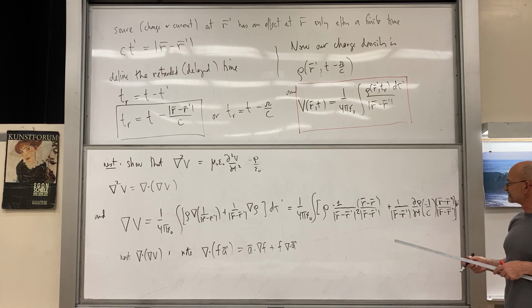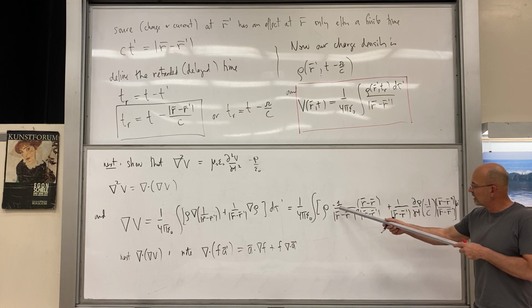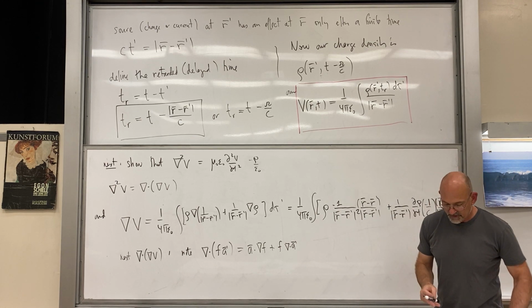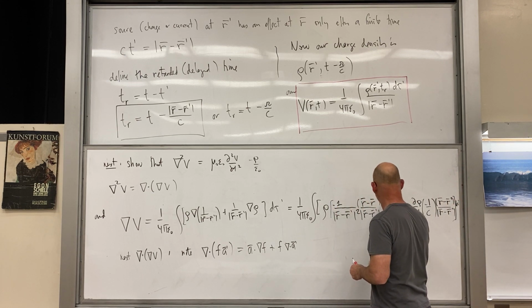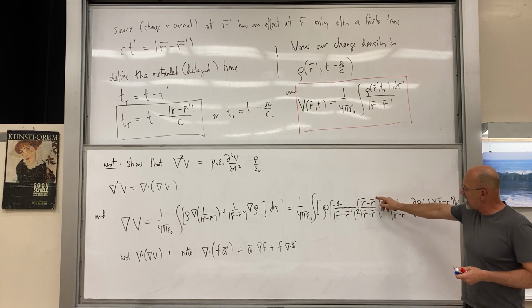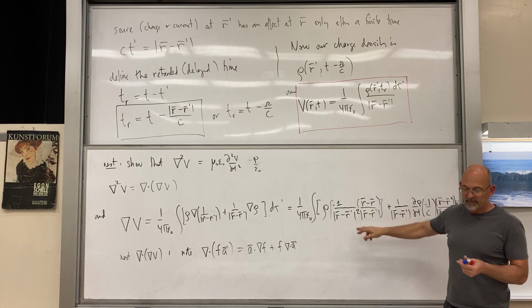Okay. But we should be able to see what happens. So there's a product rule right here. One of these, since we have this here, I'll put the vector rho like that, okay. So this is just minus vector over vector cubed, basically, okay.